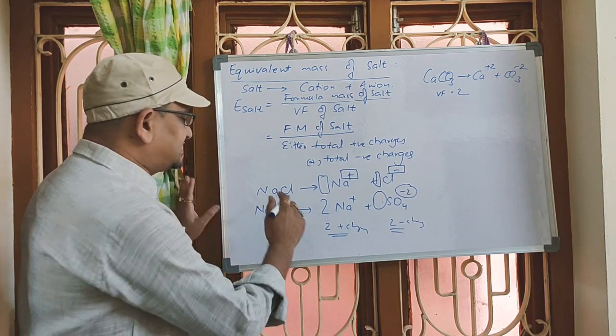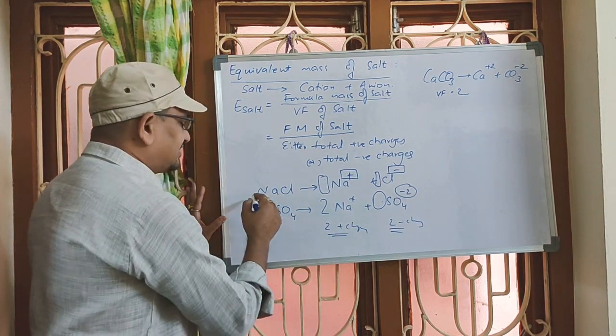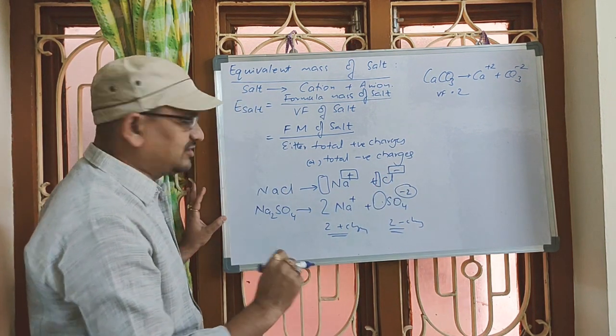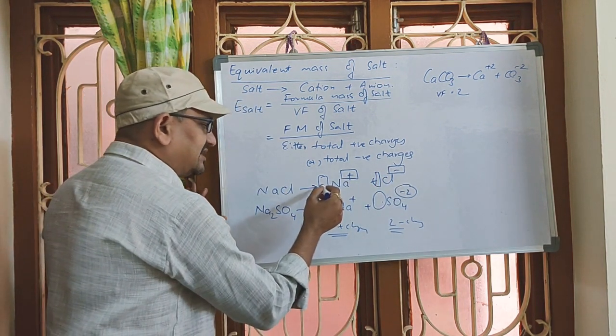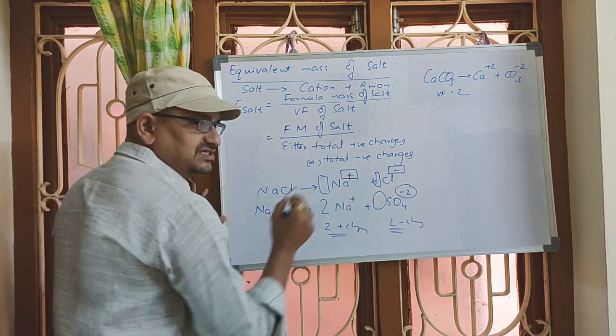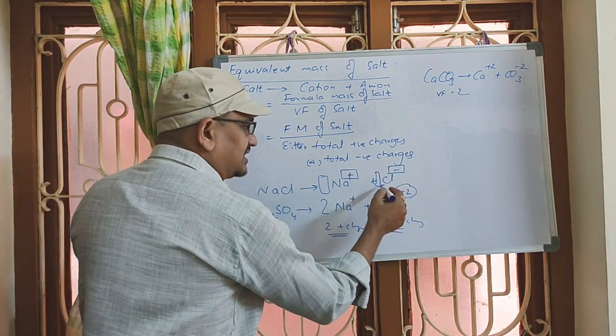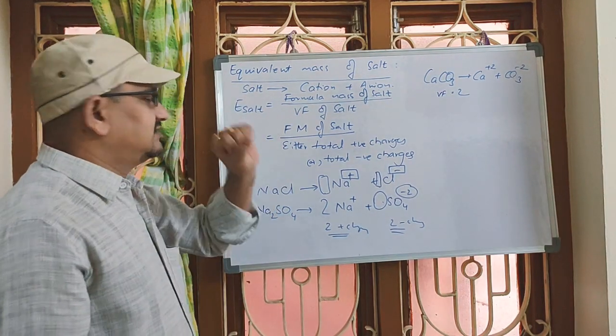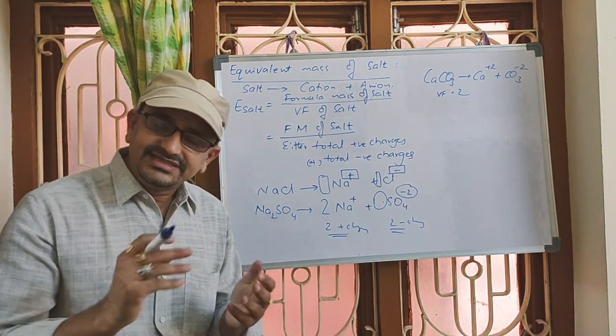For example, NaCl dissociates to give Na+ cation and Cl- anion. Total plus charges can be calculated as coefficient into plus charge power. Total minus charges are coefficient into power. This is how we have to calculate the valency factor of a salt.